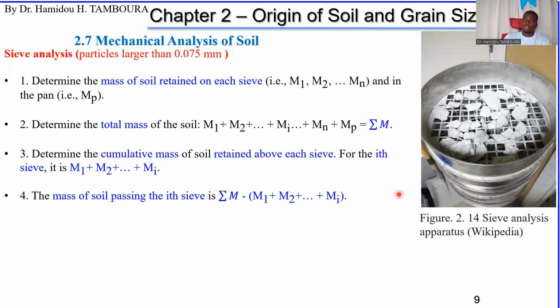So it is like you take the total mass and deduct from it all the mass above the sieve. The result you will get is the mass that went through the ith sieve, something like that.